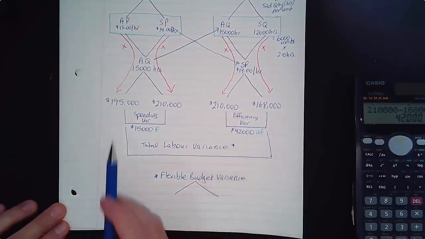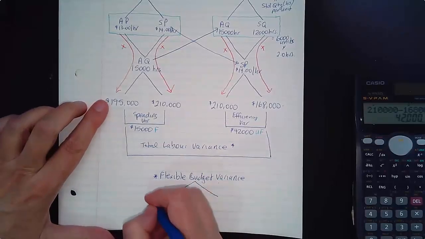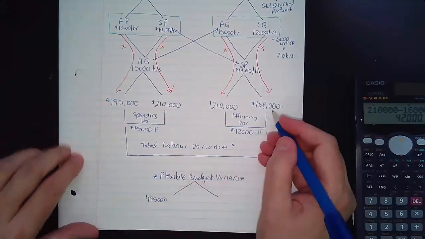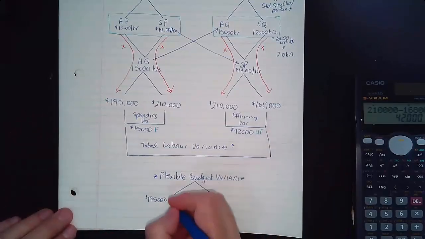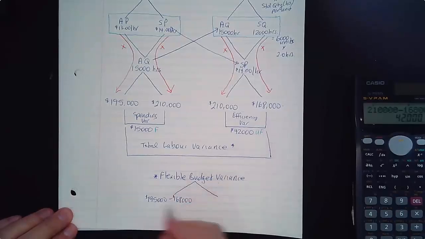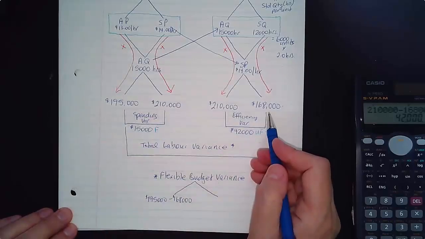We can take the total all the way on the left-hand side, the $195,000. And we can subtract the number all the way on the right-hand side, $168,000. That will tell us what the total variance is, the difference between what we did spend and what we should have spent if we did everything according to the standards.